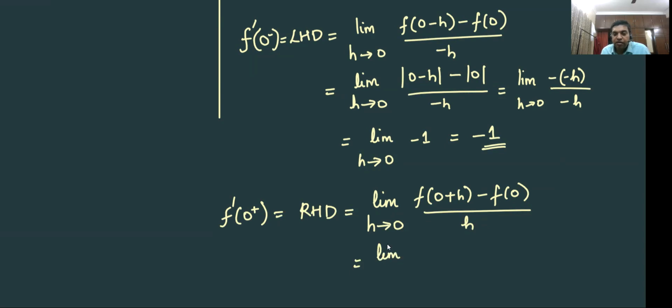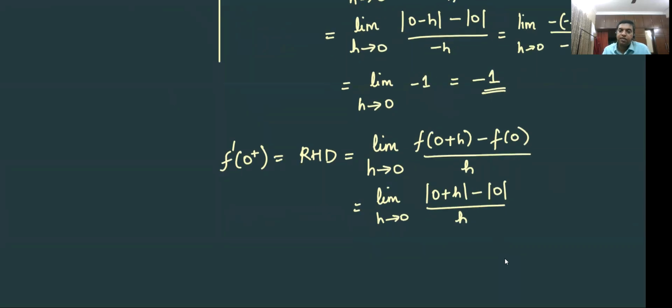So this is limit h tending to 0, modulus of 0 plus h minus modulus of 0 by h. So this is limit h tending to 0, modulus of h is h, by h. So limit h tends to 0 of a constant 1. So you get plus 1.